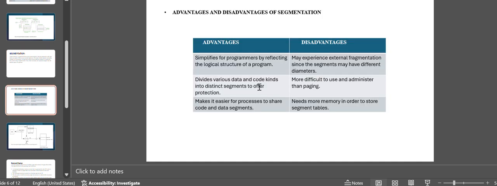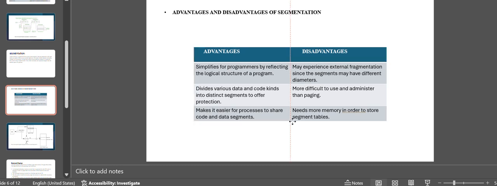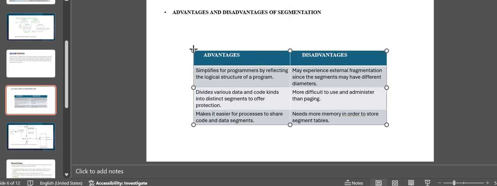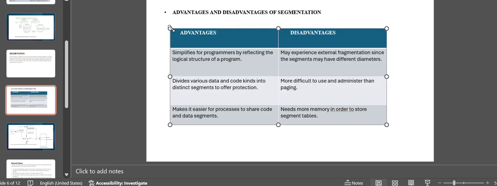And here you can see the advantages. It simplifies things for programmers by reflecting the logical structure of a program, divides various data and code kinds into distinct segments to offer protection, and makes it easier for processes to share code and data segments.